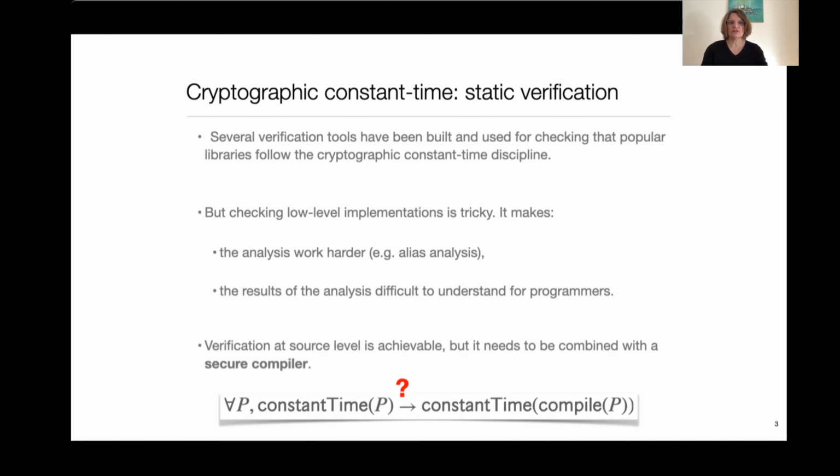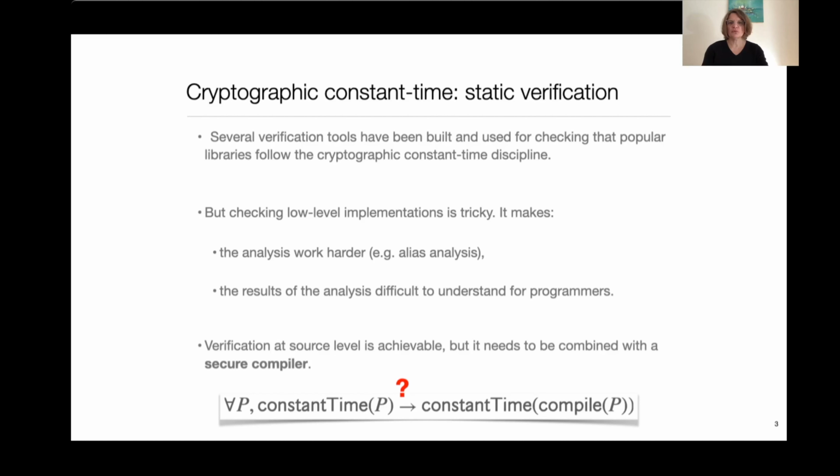But checking low-level implementations is tricky because the analysis work is harder. For instance, performing an alias analysis at low level is more difficult than performing it at source level. Moreover, when a tool finds some errors, it is more difficult to explain them to the programmer.